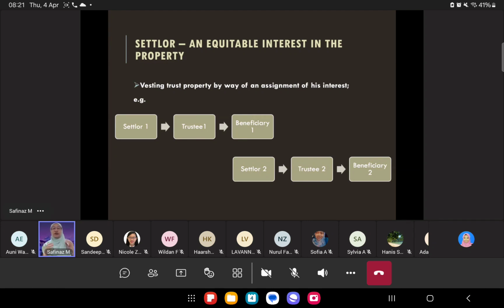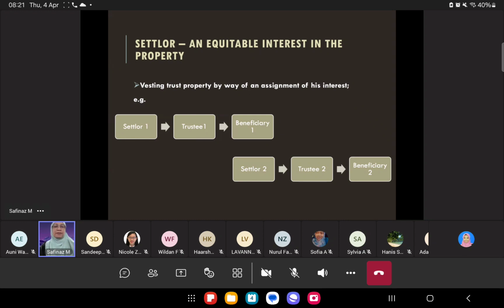Okay, so in the case whereby the settlor has no legal title but has equitable interest in the property, how do you ensure that the trust made by an equitable owner is completely constituted? Is by way of vesting of trust property by way of an assignment of interest.